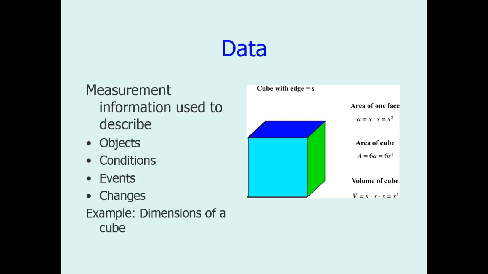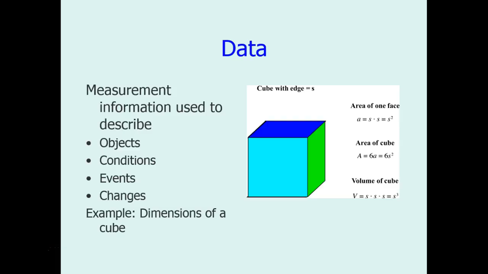Now, the length is S. What's the area of any side of that? If every one of these lengths is S, what's the area of a side? S times S, which is S squared. How many sides does this cube have? There's a front, a back, a right side, a left side, a top and a bottom. That's 6.